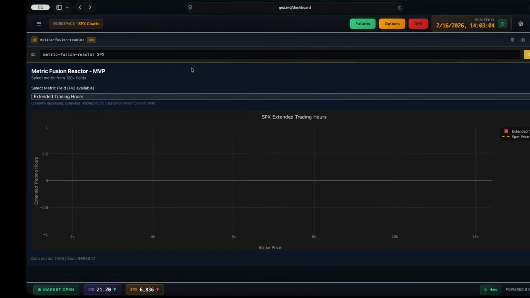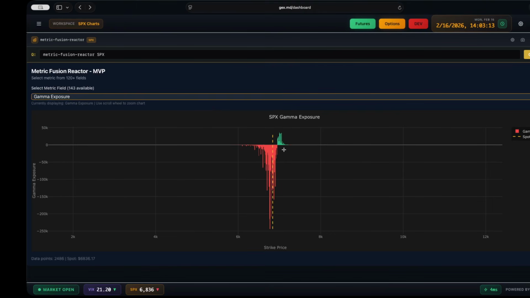And then you can multiply, you can divide, you can do whatever. You can combine this with that. That would be more Greeks and GEX you are able to use or see. That would be 143 different fields combined with 120 different available ones. Then you can do a multiply, you can do a ratio. It would be crazy because you can do whatever you want.